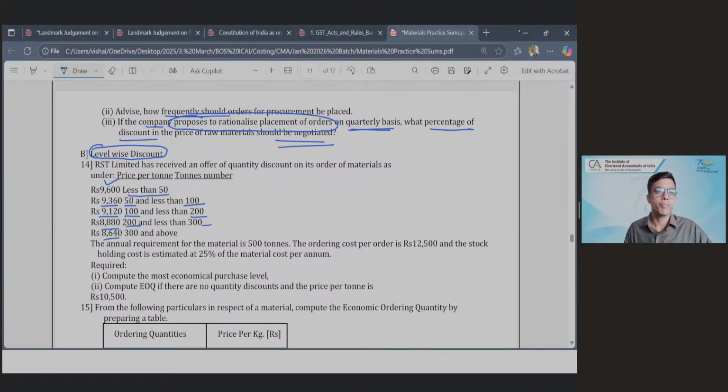As you can see, as the order size is increasing, the price per unit is decreasing. In other words, the discount is increasing by levels. The best example of this is your malls. Now, in this monsoon season, you have multiple offers going on.